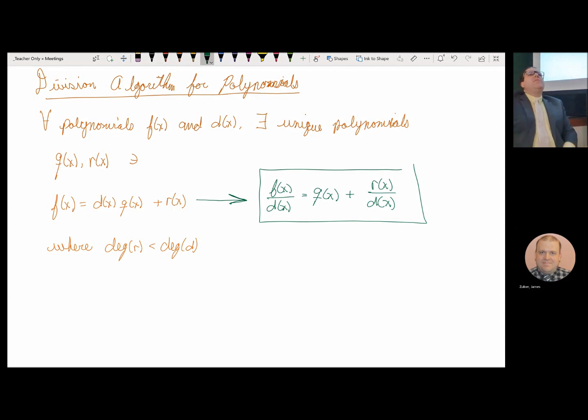Think of it as a mixed number. If I give you 31 over 3 as a mixed number, that's 10 1/3, which is 10 plus 1 over 3. 10 is your quotient, 1 is your remainder when 31 is divided by 3. So writing it as q of x plus r of x over d of x is essentially writing it as a mixed number.